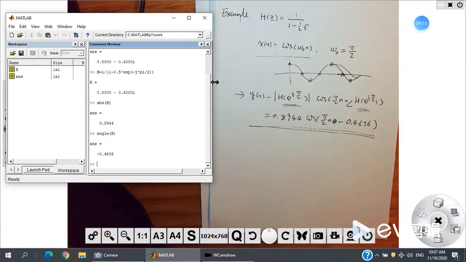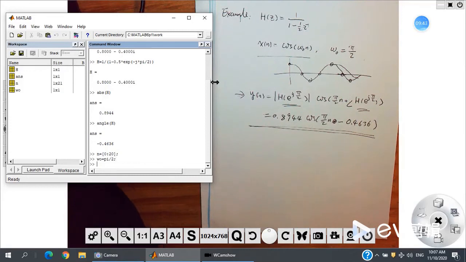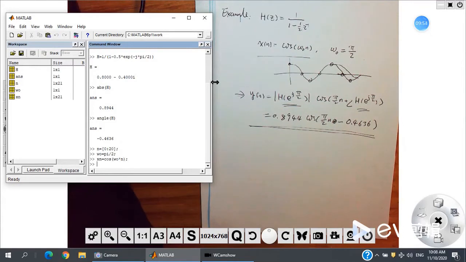So I use n ranging from 0 to like 20. I take 20 samples. Then x of n will be cosine of omega 0 times n, where omega 0 is pi over 2. Okay, this is x.